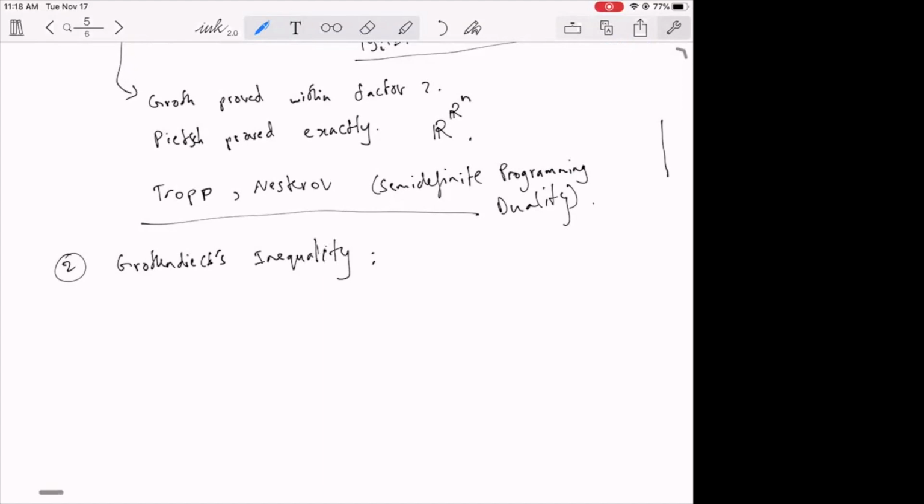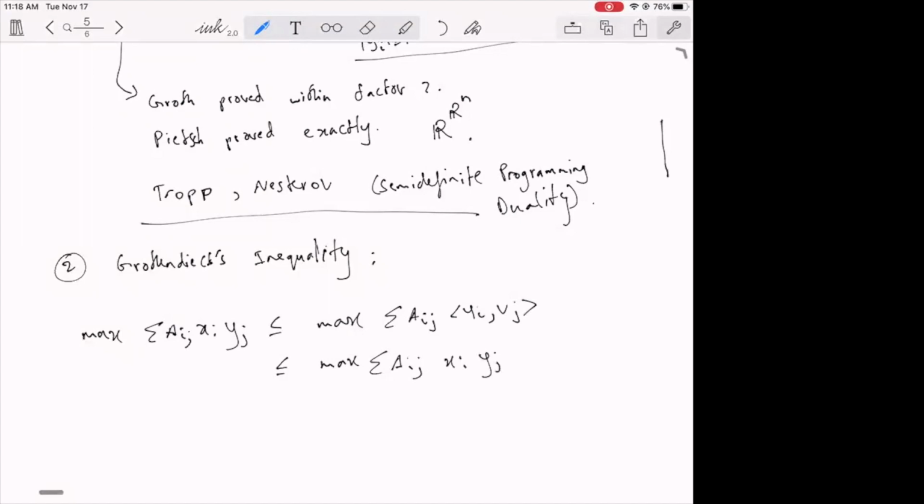That is, the maximum of the summation a_ij x_i y_j is at most the maximum of the summation a_ij u_i inner product v_j, which is at most the maximum of the summation a_ij x_i y_j times a constant.